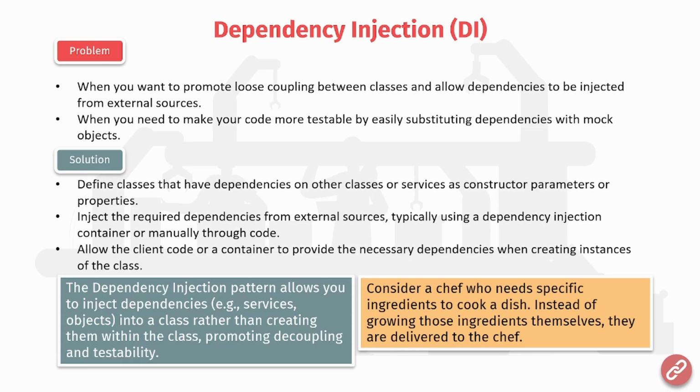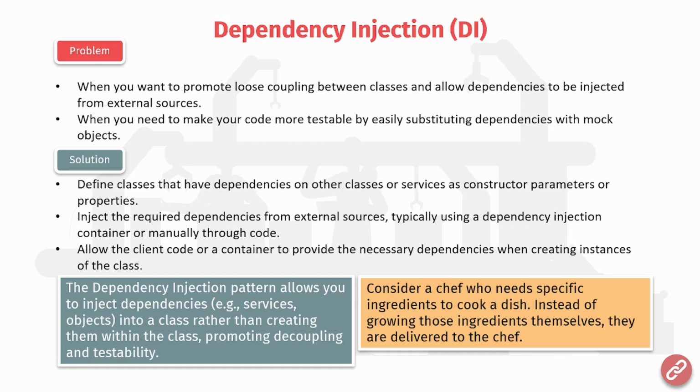And so to mitigate that issue, we have to define classes that have dependencies on other classes or services as constructor parameters. So all the dependencies that we are depending on are converted into services, and they are being used as constructor parameters in our class, right?